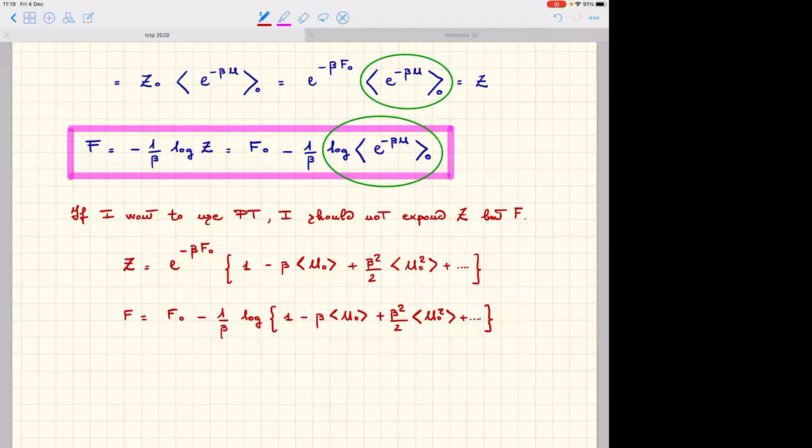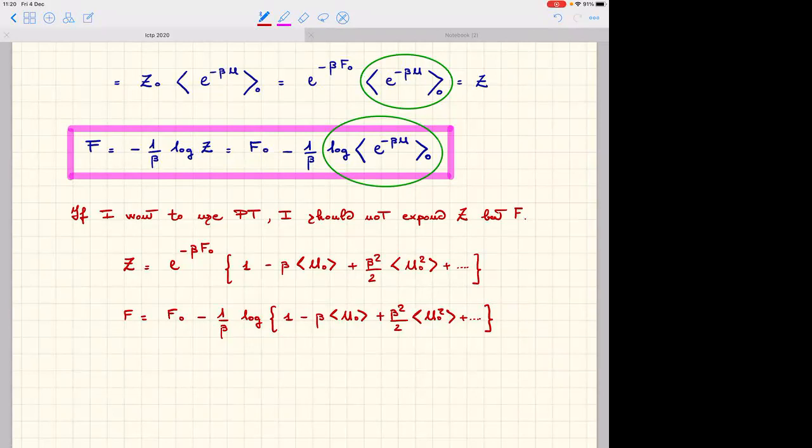So what I mean when I say let's expand the free energy, I mean the following. You should always write the power series relative to perturbation theory for physical quantities, that is, quantities that are measured in experiments. So at the end of the day, you should aim at constructing the perturbative expansion for those physical quantities.